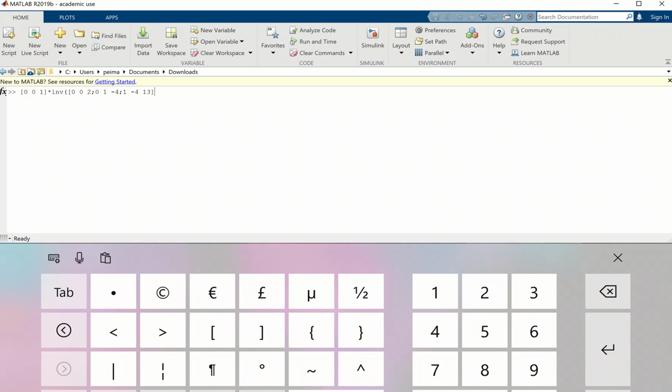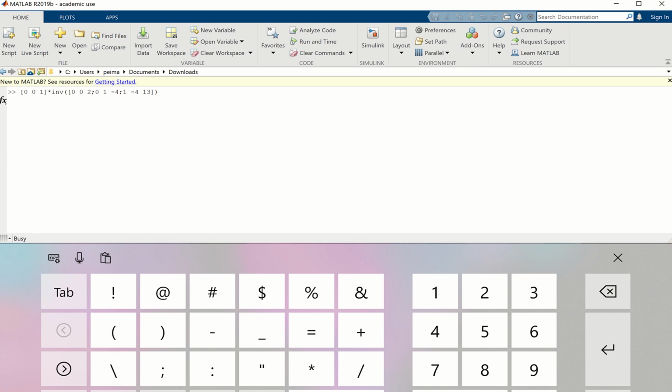Here we go. And now I have to close it. Let me double check with you guys. 0, 0, 2, 0, 1, minus 4, controllability matrix, 1, minus 4, 13, 0, 0, 1.